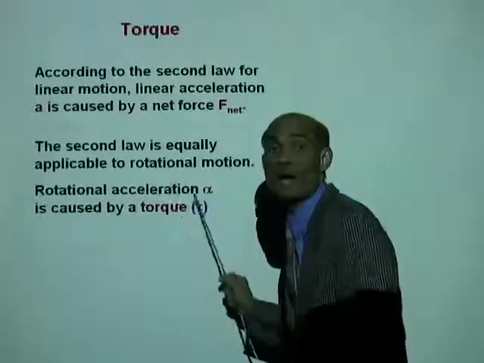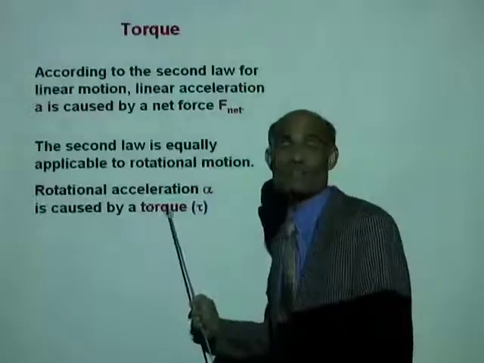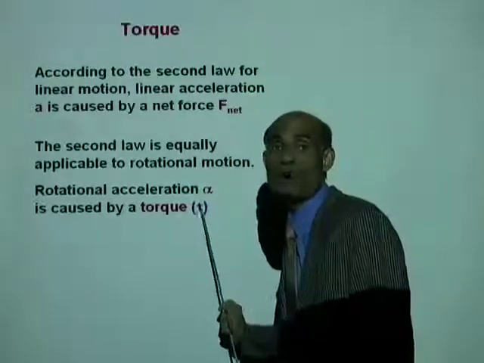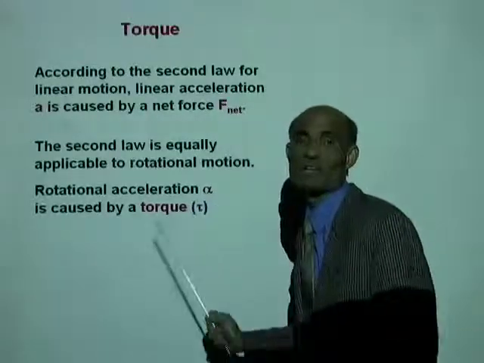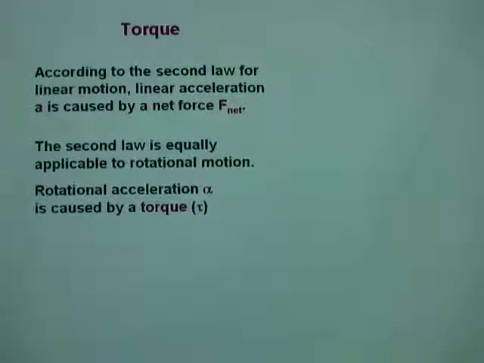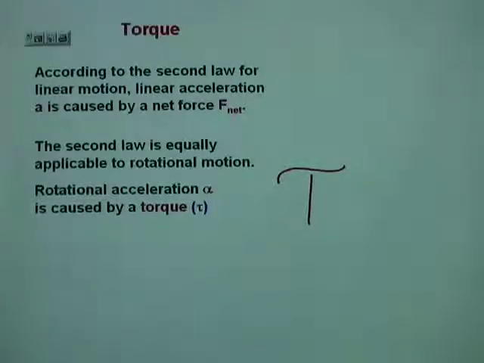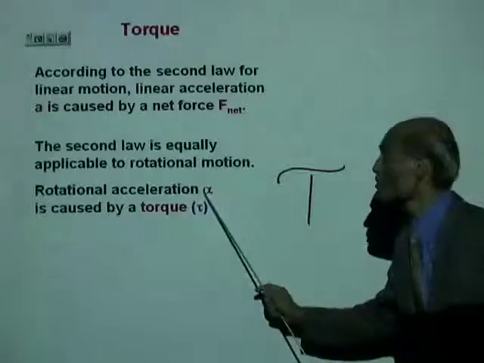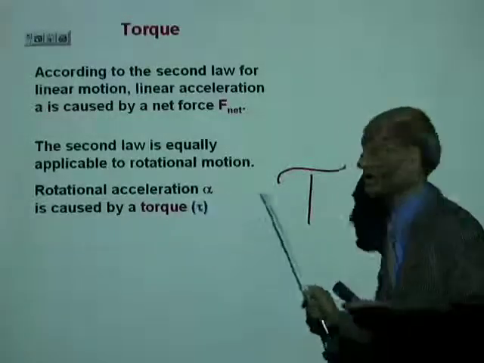Rotational acceleration alpha is caused by a net torque. And we represent torque by the Greek letter tau. Let me write that for you. Tau is written like this. Pronounce it tau. So, the rotational acceleration alpha is caused by a torque, tau.